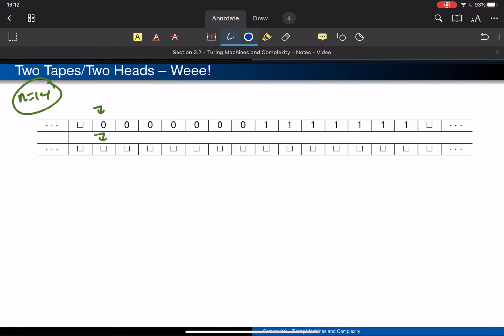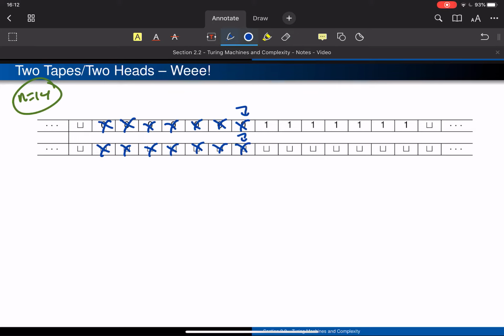So what's going to happen is that as I begin reading this left to right, I'm going to X out those zeros, and then I'm going to leave a breadcrumb trail on the second tape. So as that top tape is moving, that bottom tape is moving as well. So now both of those are going to end up down here.